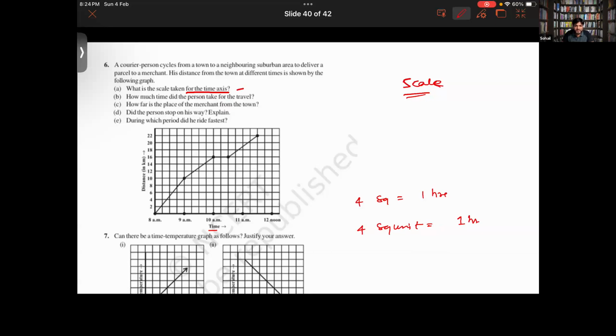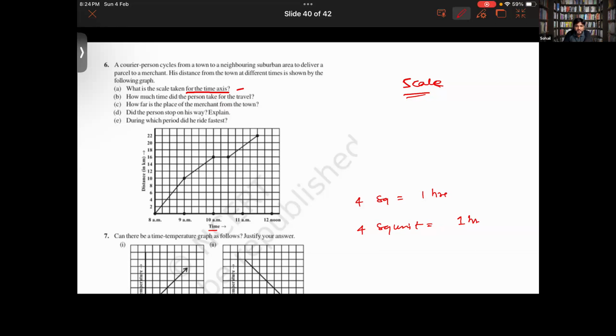For the first question. Second question, how much time did the person take for the travel? How would you guys answer this question? How much time did the person take for the travel? Sir, 3.5 hours.